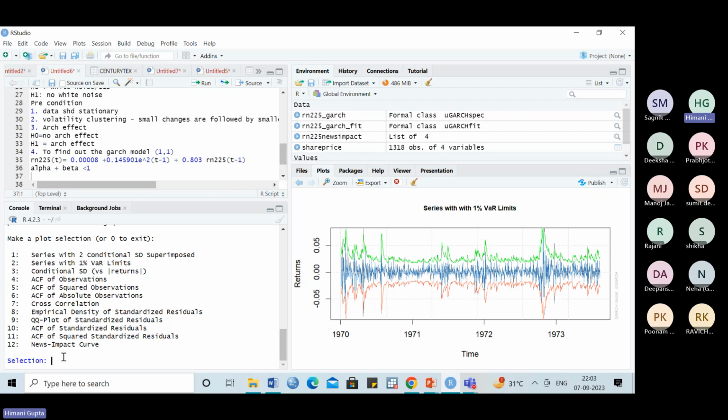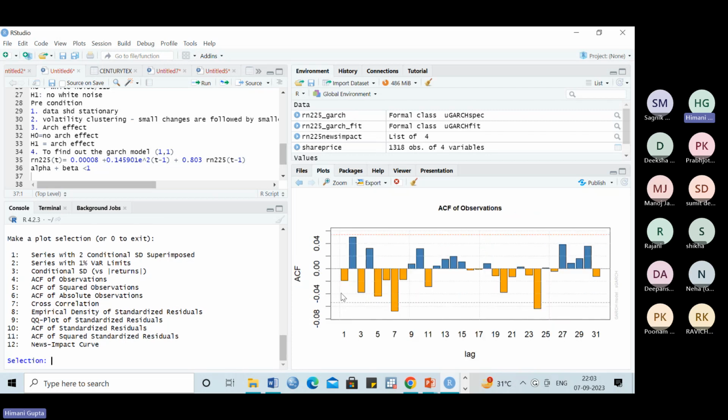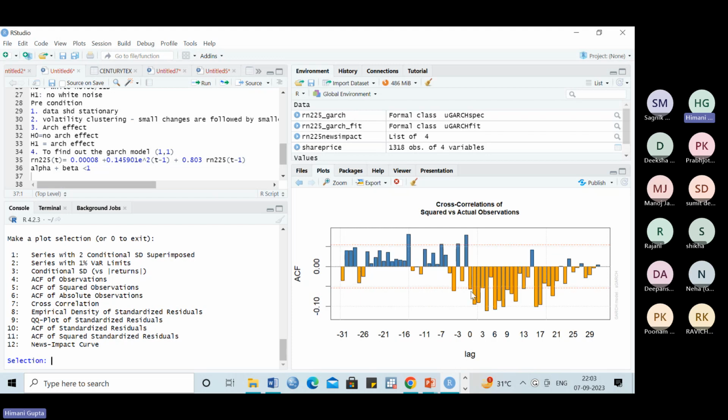If you want to calculate ACF, it gives you the ACF also. If you want to find the cross correlation between variables, it will give you the cross correlation. But right now you will not be able to understand what these diagrams are saying. So just for the basic learning, you can go with the news impact curve.